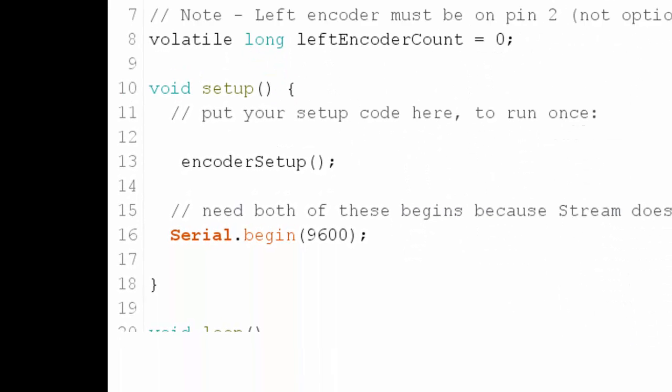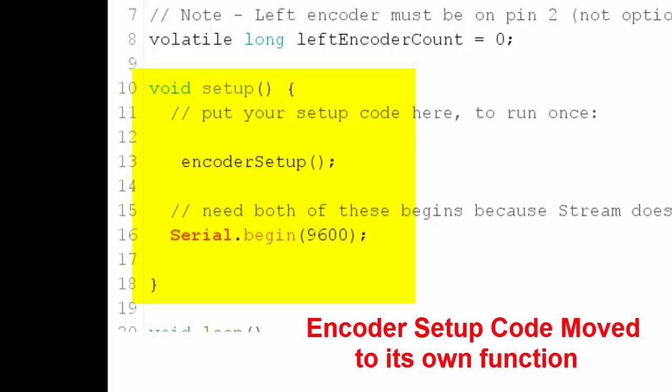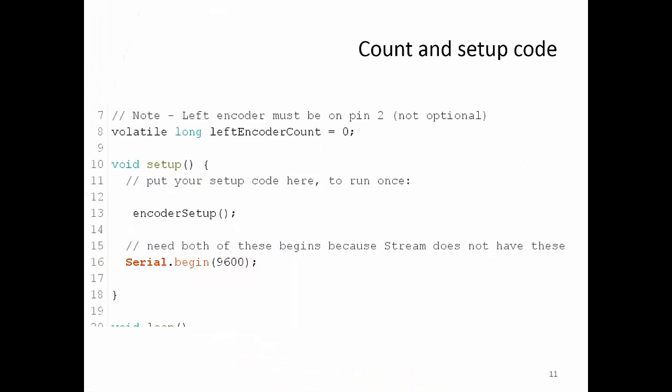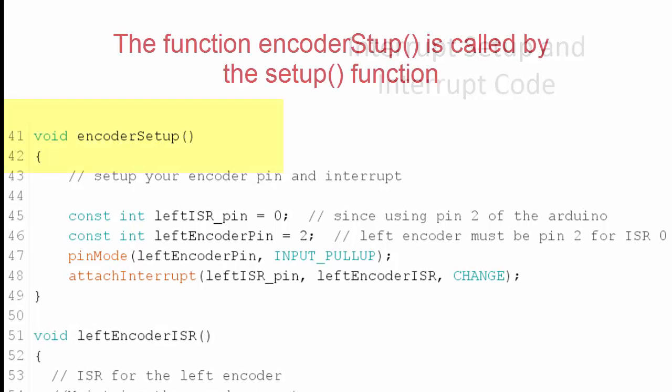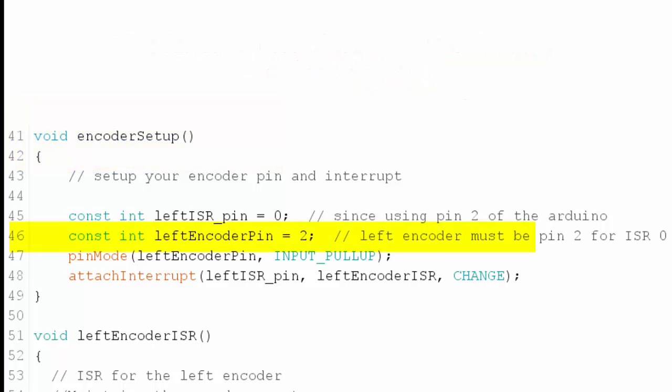The next thing we're going to do is in setup, we're going to set up our interrupt handling. So let's go look up at the encoder setup code. I've moved the encoder setup code to a function of its own, so it's not in setup, but it's actually in a function that we call in setup. This code has a number of things that it does, but the basic thing that you need to understand is it's setting up our encoder to be on pin 2, and it's setting up the pin mode, and then it's attaching the interrupt to that particular pin.